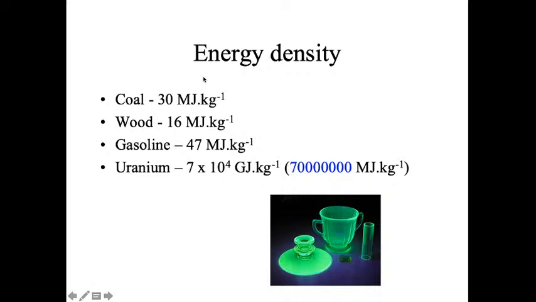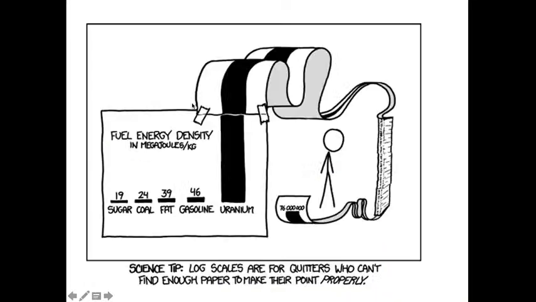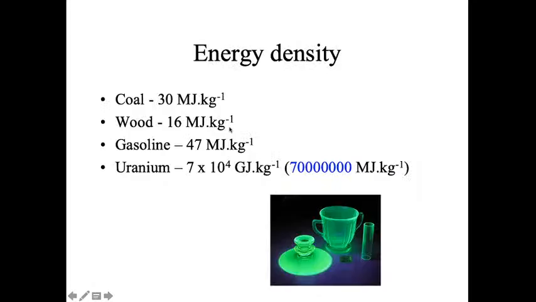So here's just some numbers to give you an idea of these different energy densities that are around us. Coal, 30 megajoules of energy. If you burn it, that would be thermal energy per kilogram of coal. Wood would be almost half of that, 16, not very efficient.